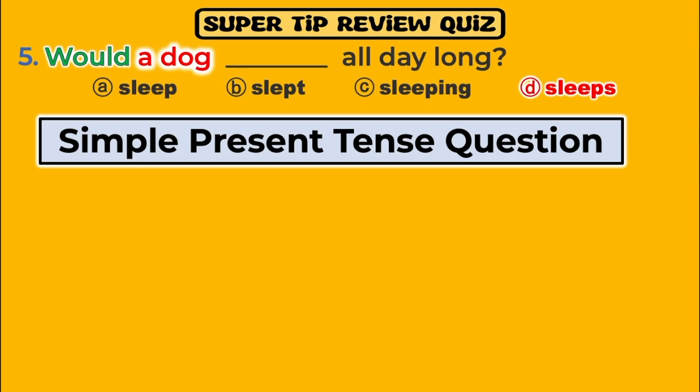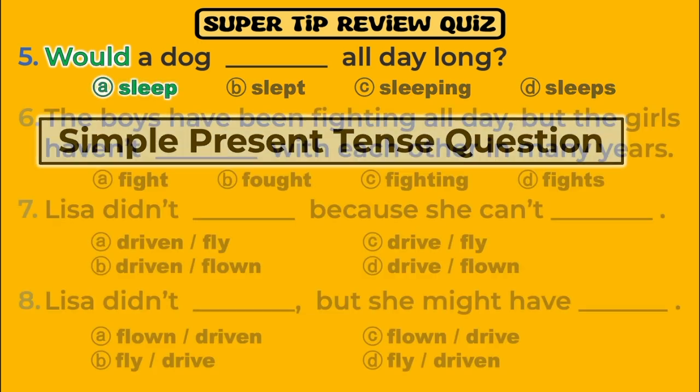A dog sleeps. It sounds good. I think that's the wrong answer. We need to use the helping verb as our signal. The signal is would. Would is a modal verb. Modal plus verb 1. Our answer is sleep.